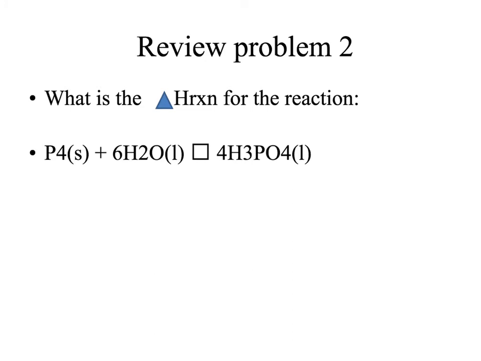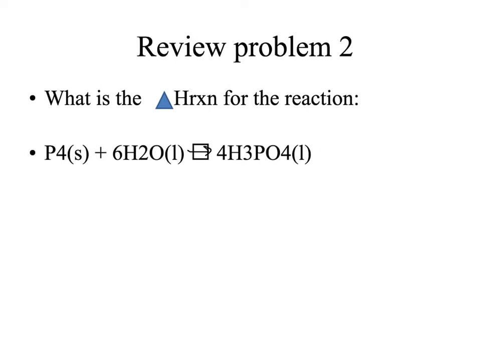On to our next review problem here. We're asked to find the delta H reaction for this reaction. That should be an arrow. Obviously just didn't translate. So our reactants are P4 plus 6H2O yielding 4 phosphoric acid. So this is where you would go to your heat of formation table, which you of course would be provided for the test, and you would just look up the heat of formation of these substances.